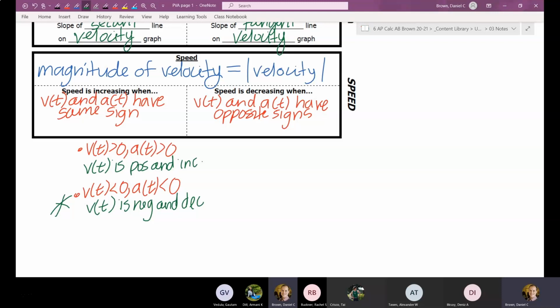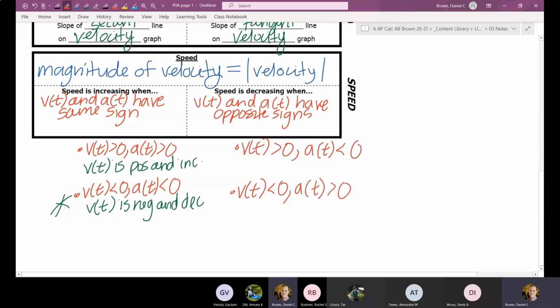Likewise, speed will be decreasing when they have opposite signs. So you can think of it as either v of t is greater than 0 and a of t is less than 0, or v of t is less than 0 and a of t is greater than 0. Speed is decreasing when the velocity and acceleration are working against each other, so one is positive while the other is negative.